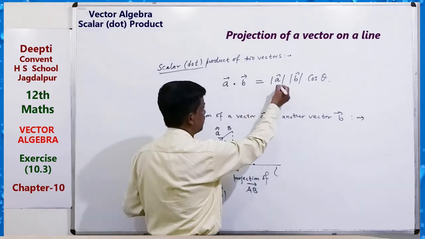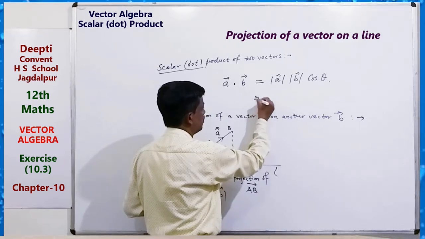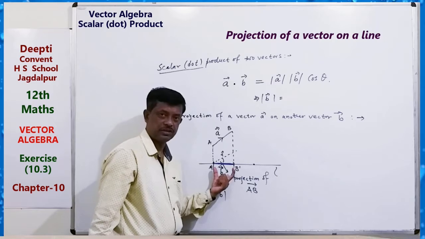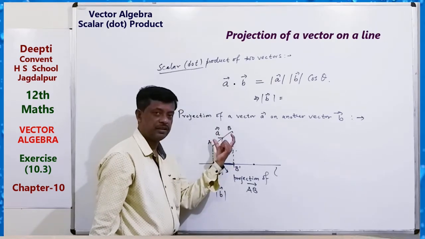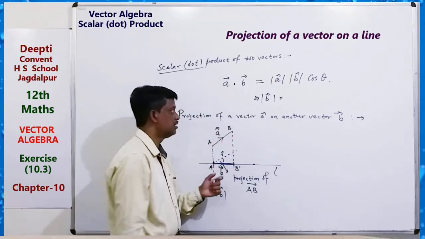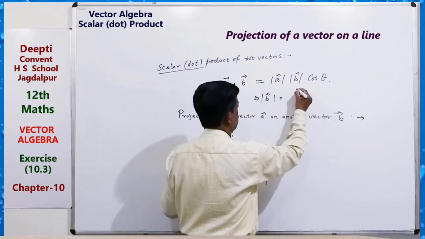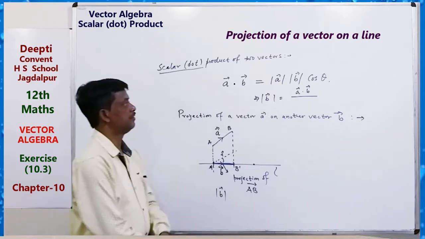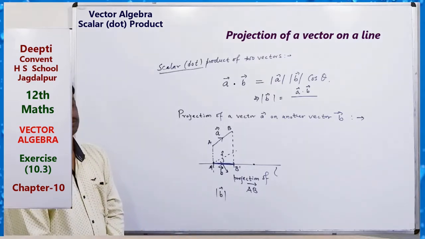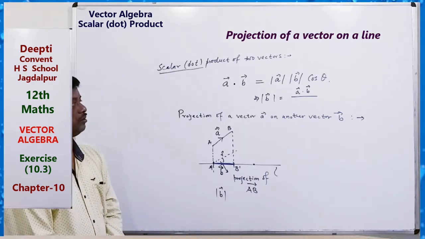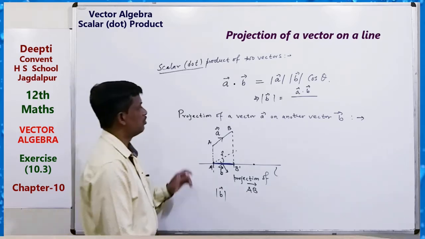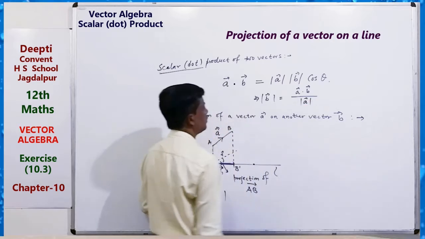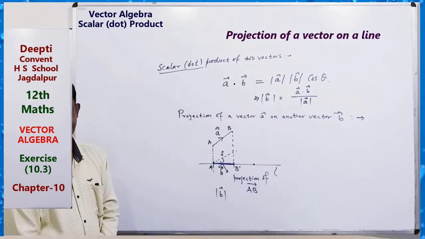This is the projection of vector A on vector B equals A dot B upon modulus of A, we can write.